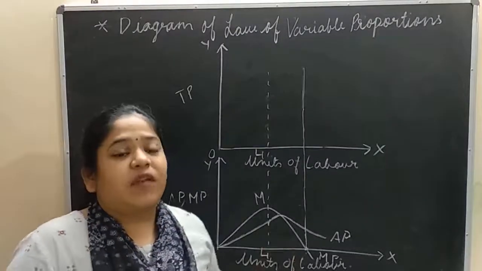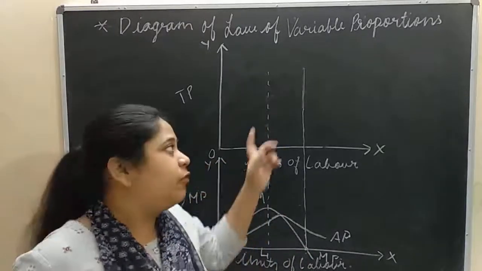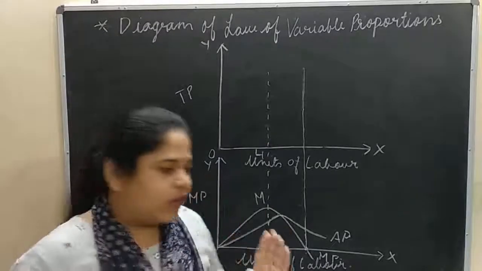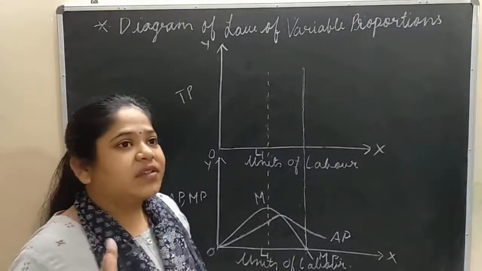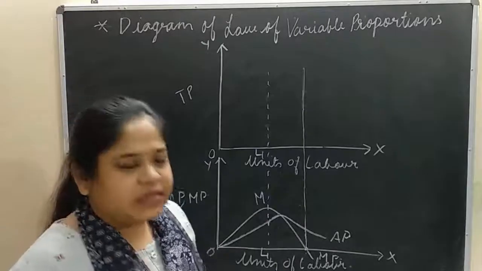You need to check the earlier videos and modules to know the relationship between TP and MP. It has already been discussed in detail why TP increases at an increasing rate and then at a decreasing rate.